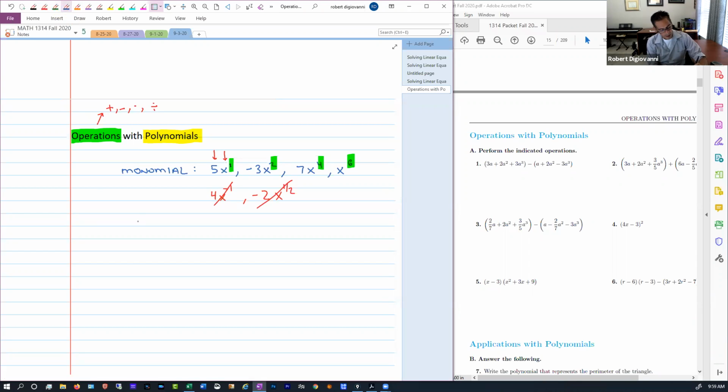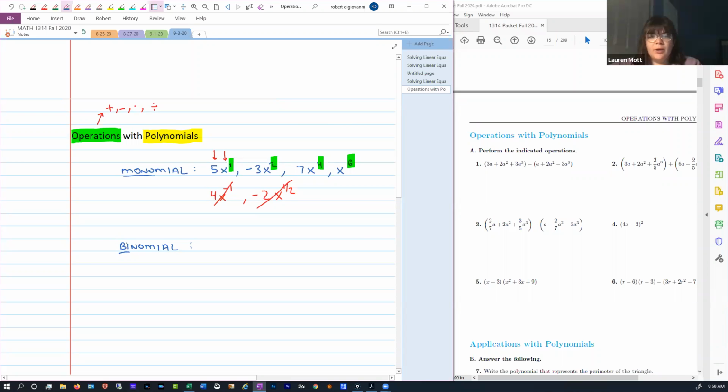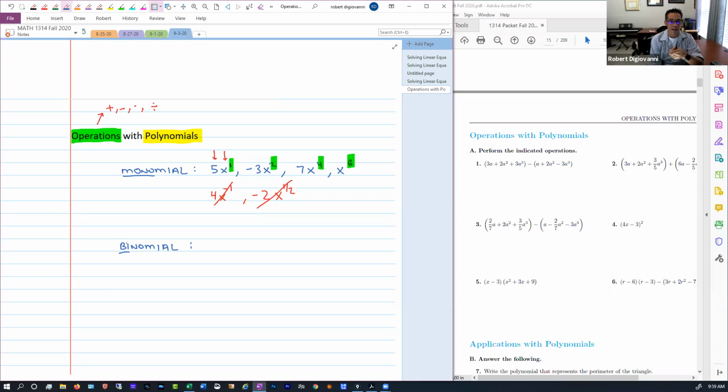What do you think a binomial is? Mono meant one. What do you think the bi is? A binomial has 2 sets of, it's 2 monomials. Yeah, that's all it is, 2 monomials that are added or subtracted together. So here are some examples. How about 5x plus 3x squared?